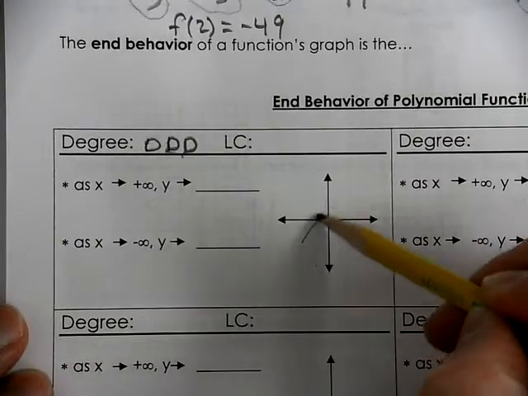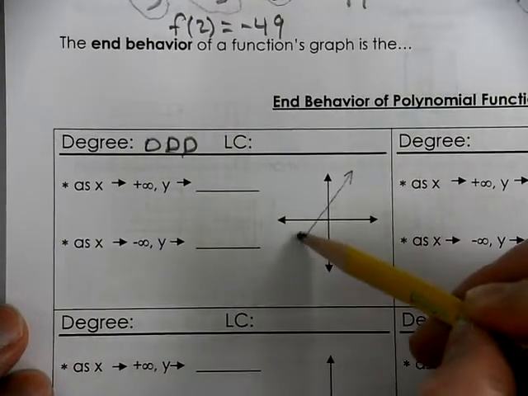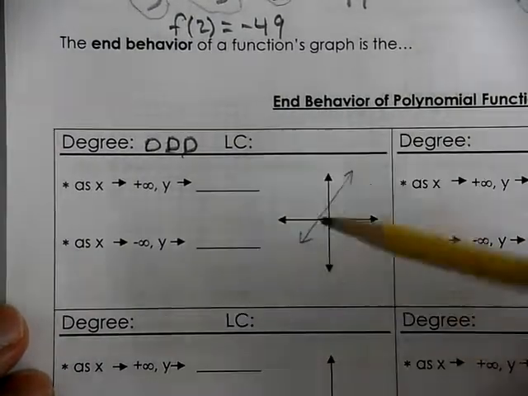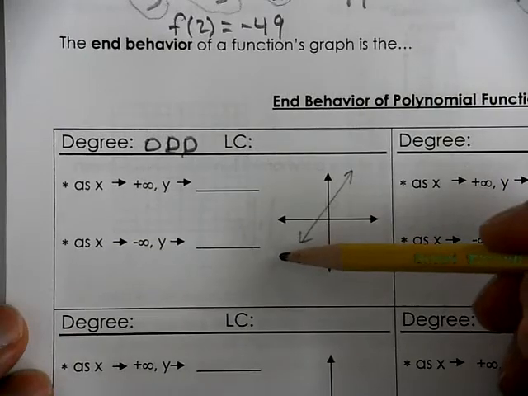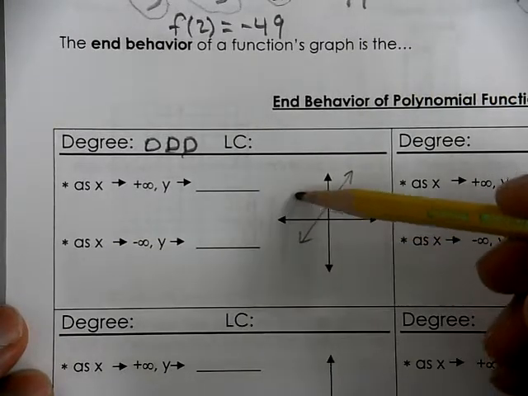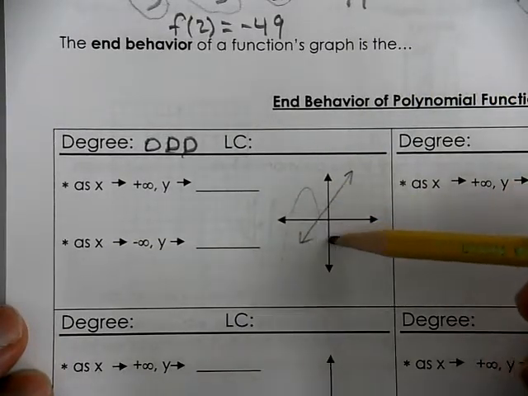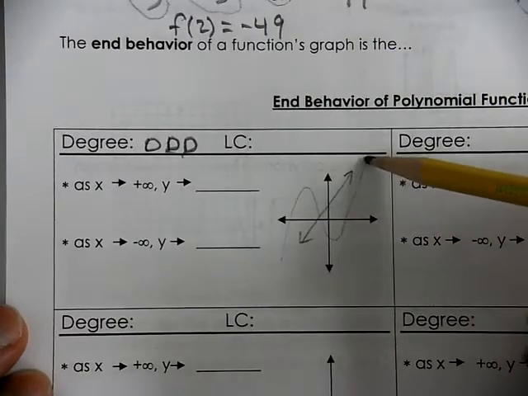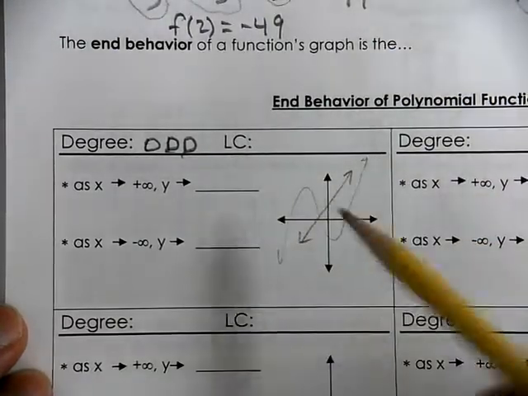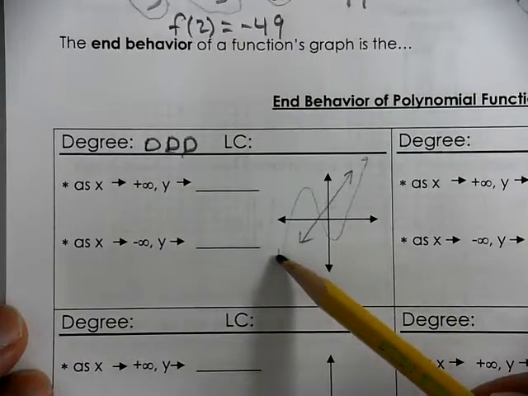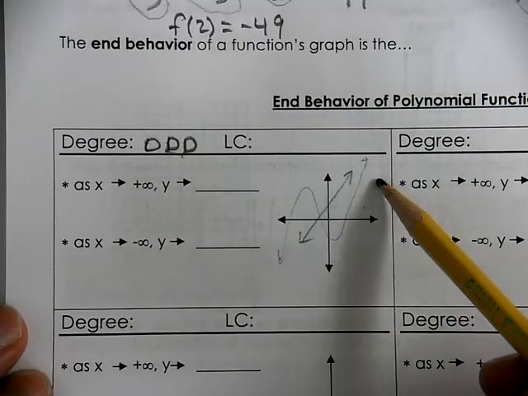so you could say that a linear equation is odd. You could say a cubic with 3 separate zeros is going to be odd. Notice what happens. It's pointing down to the left, it's pointing up to the right.